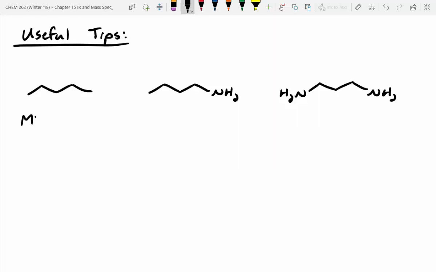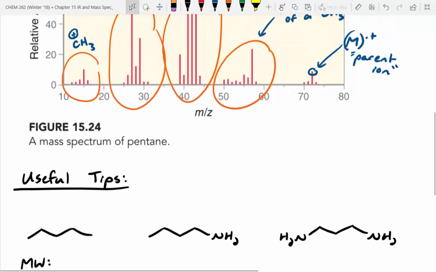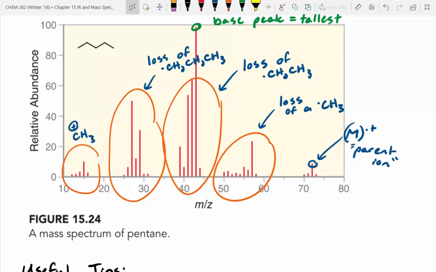If we look over here, the molecular weight of pentane should be what? And we can go back and even cheat if we want. What do you guys think for pentane? Yep, if we go over here, we'd say that's 70, 71, 72, right?